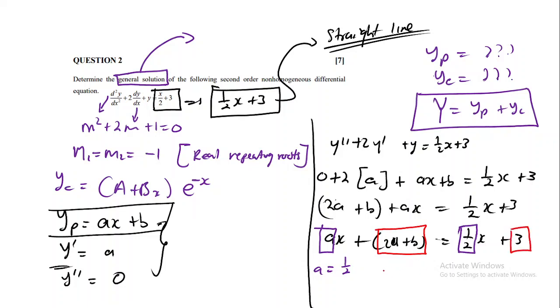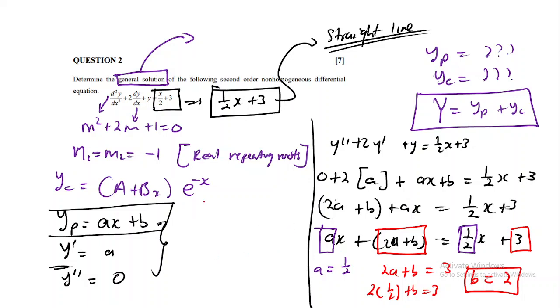This implies that 2a plus b is equal to 3. But you already have the value of a as half. If you substitute the value of a as half here, you're going to get your value of b as 2.